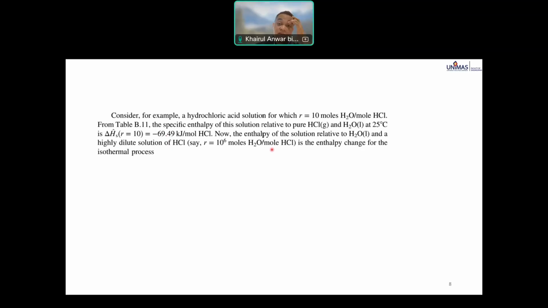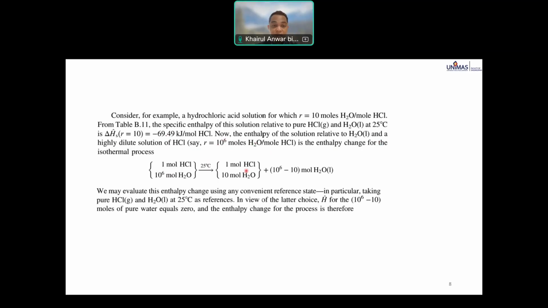Now the enthalpy of the solution relative to liquid H2O and a highly dilute solution of HCl, let's say r equal to 1 million moles water per mole of HCl, very dilute solution, is the enthalpy change for the isothermal process. We may evaluate this enthalpy change using any convenient reference state, in particular taking pure HCl gas and liquid H2O at 25 degrees C as reference.